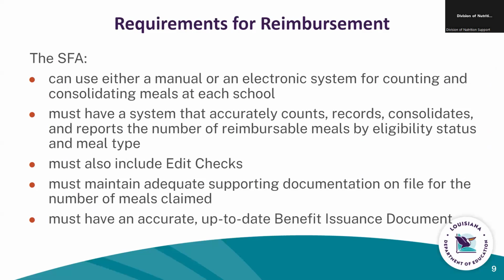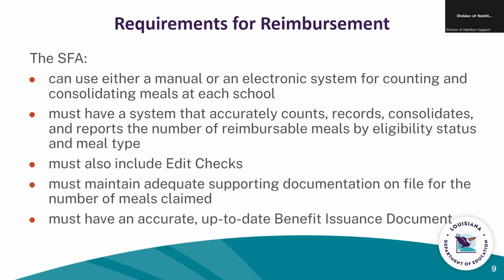So some requirements for reimbursement. In order for the SFA to claim meals for reimbursement, they must meet the following criteria. Use a manual or electronic system for counting and consolidating meals at each school. The system must have the ability to accurately count, record, consolidate, and report the number of reimbursable meals by category of eligibility status and type. The system must also include edit checks.